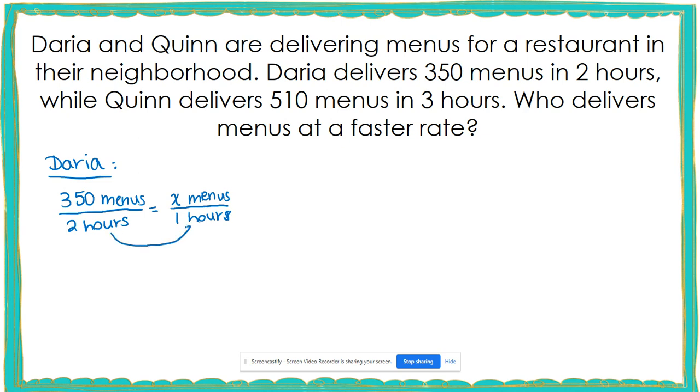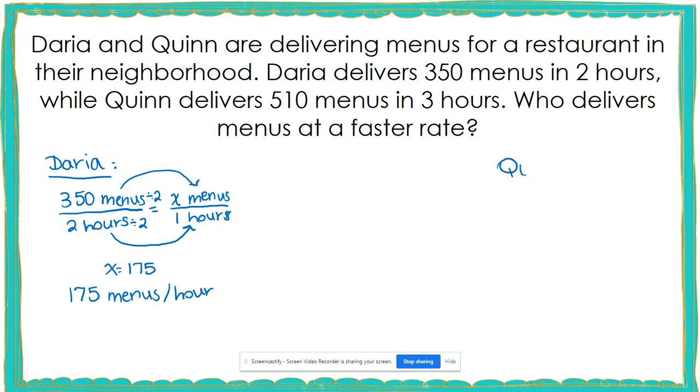So to get from 2 to 1, I would divide by 2, which means that to get from 350 to x, I would also have to divide by 2. When I do 350 divided by 2, I get 175. So x is equal to 175. This means that Daria can deliver 175 menus per 1 hour.